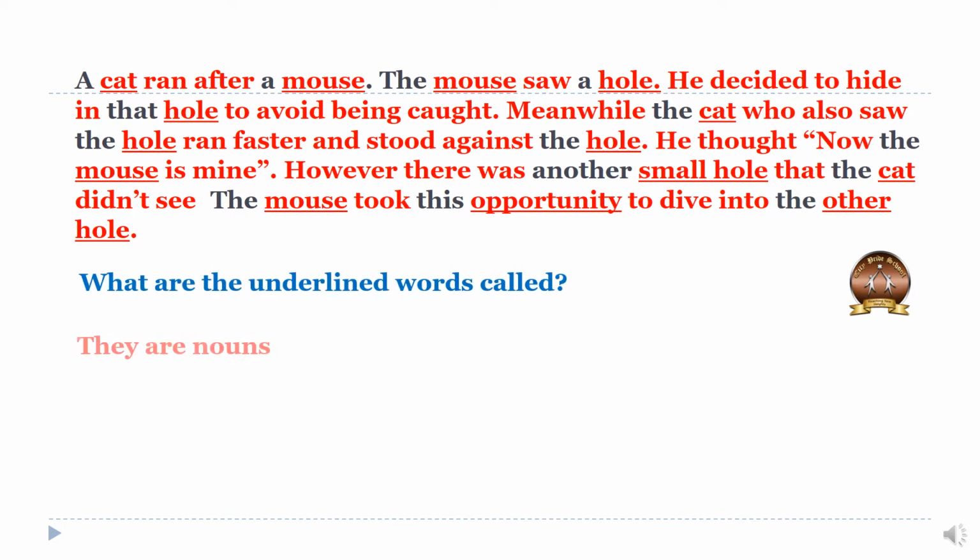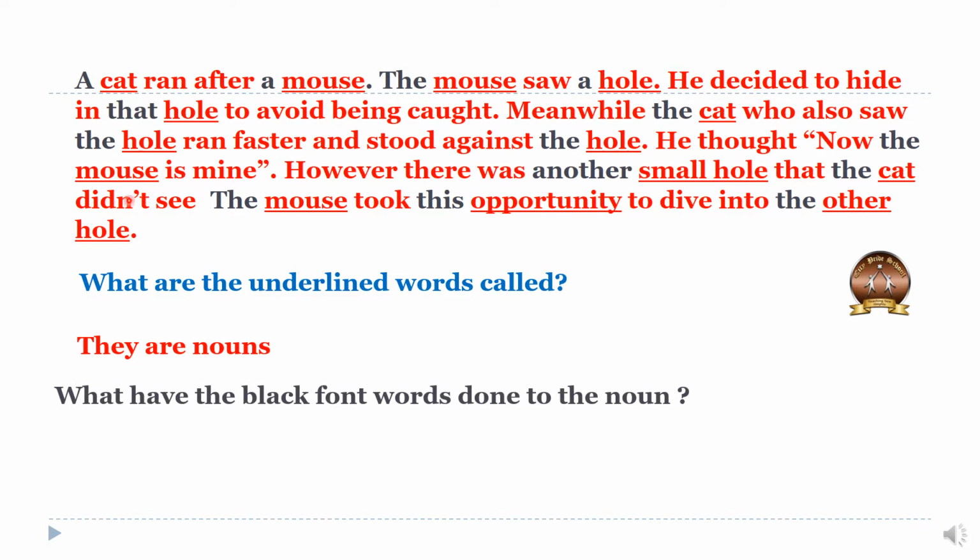They are nouns, and you must have noticed the words in black font are placed before these nouns, like a cat, a mouse, a hole, the cat, the hole, another small hole, and so on. So, what have they done to the nouns?